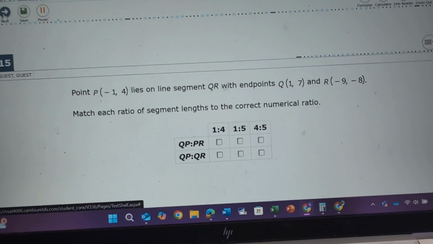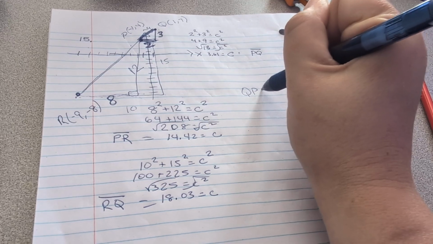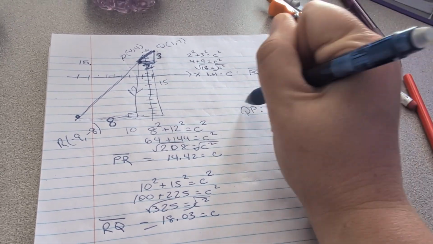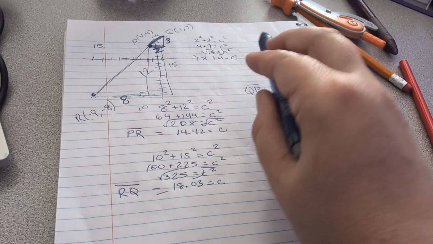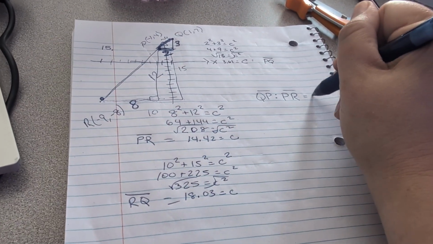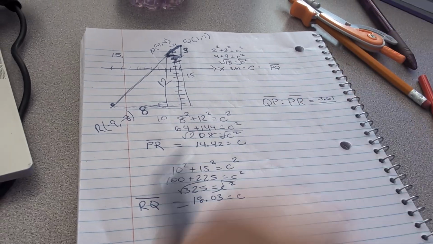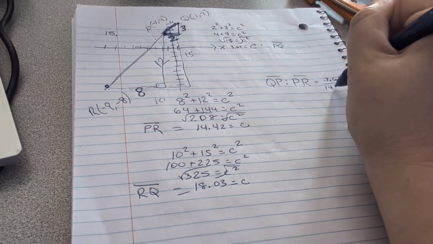Now we're looking for ratios. So we want QP to PR. QP, PQ, same thing, interchangeable. 3.61 divided by, because it's a ratio, PR, 14.42.